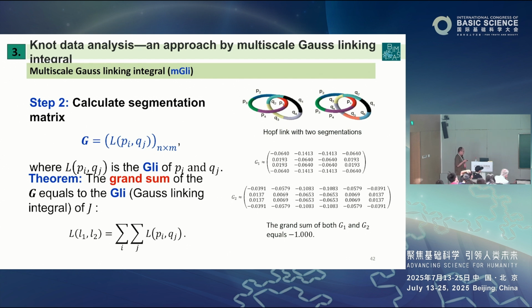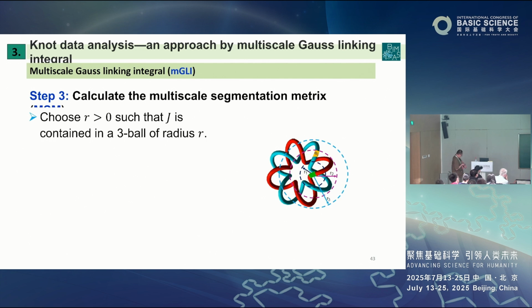So the sum of all the atoms is just the Gauss linking integral. Step 3: calculate the multi-scale segmentation matrix.